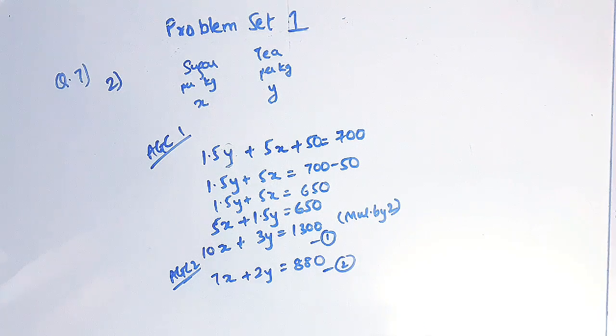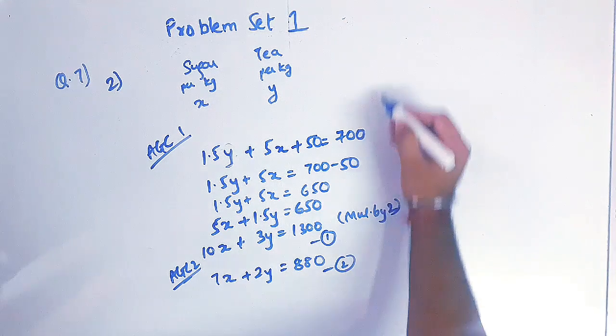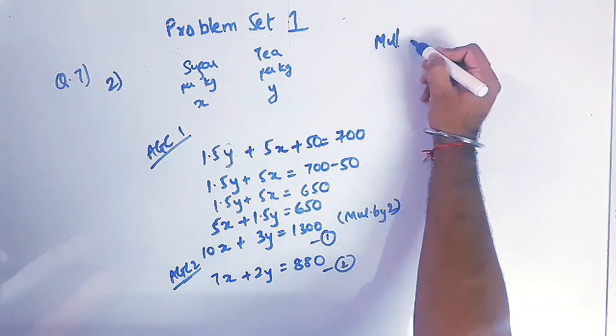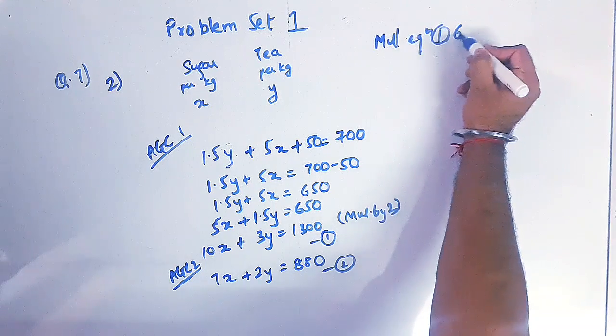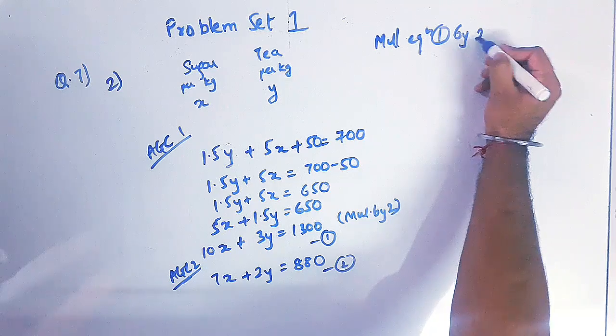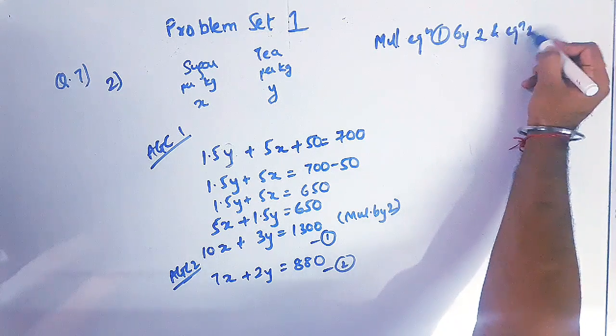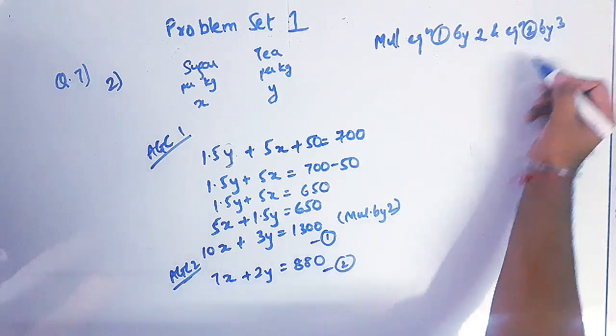Now you know, students, that I can equate the x and y coefficients. For 3 and 2, the LCM is 6. So what I'll do is multiply equation 1 by 2 and equation 2 by 3.